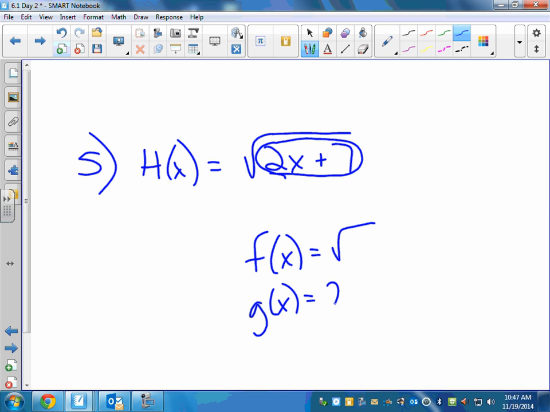So what if I said 2x plus 7? I'm not cheating because the x is not one of the answers here. But what would I have to put up here? I can't just put a square root sign. It has to be the square root of x. That's not cheating because the square root of x is not x. And that's true. I could take this and plug it in. Do you see the outside? Outside is square root, inside is this.